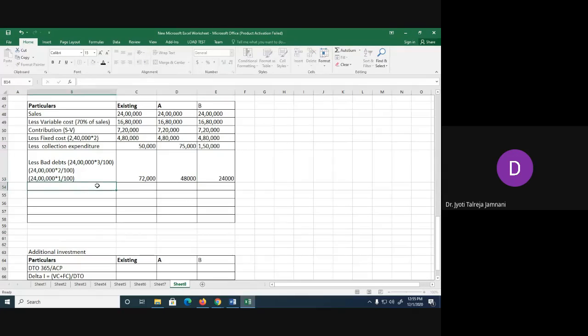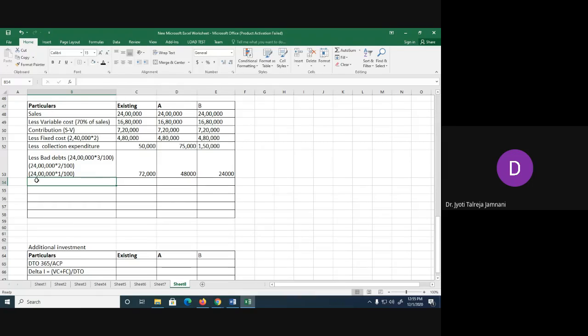So these are the cost of bad debts which we need to consider. Now we'll minus all these three from contribution: fixed cost, collection expenditure, and bad debts, to get the profit before tax. So 7,20,000 minus all three, when I do, I get 1,18,000, 1,17,000, and 66,000.